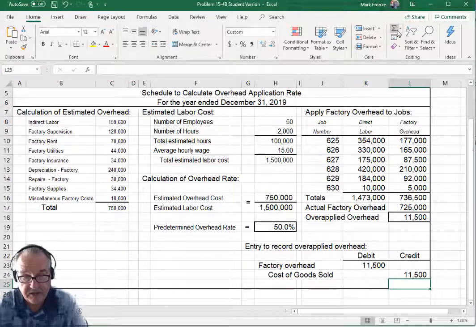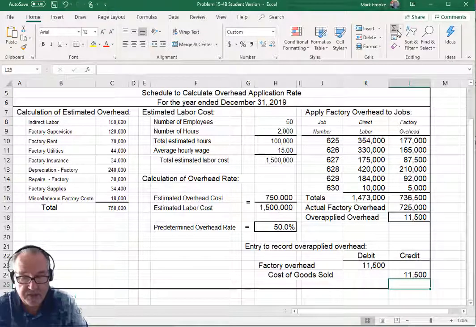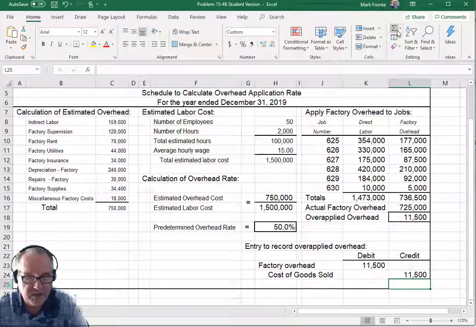Now, technically, that $11,500 credit should be applied to the jobs. However, it's a small amount compared with the total of $736,500. So it's not really going to skew things from a costing standpoint. So we just put it into cost of goods sold and forget about it.